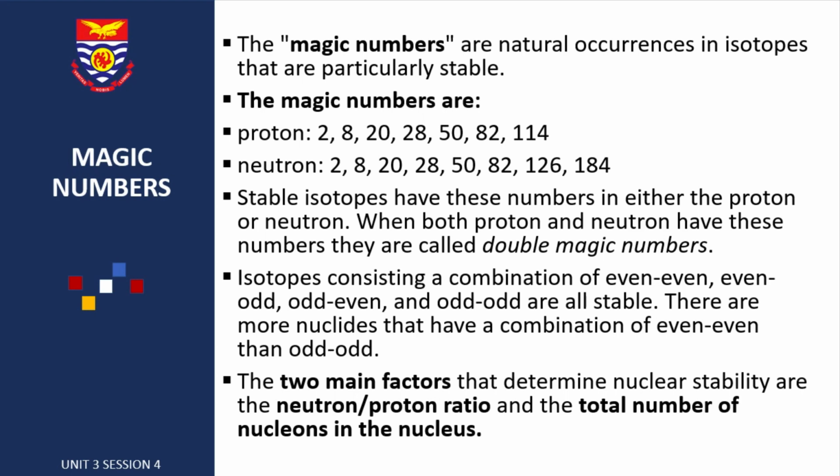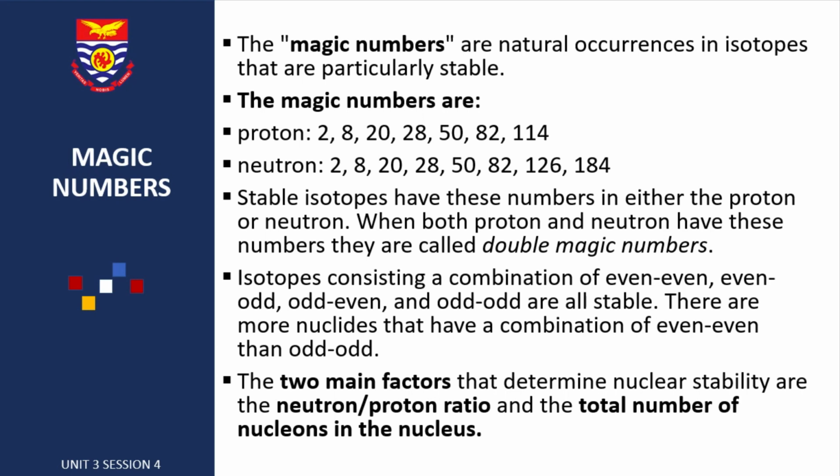Stable nuclides or isotopes have either their protons or their neutrons possessing these magic numbers. However, when both the proton and the neutron number are magic numbers, then it is referred to as a double magic number.